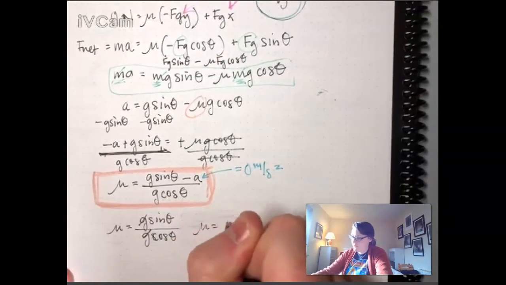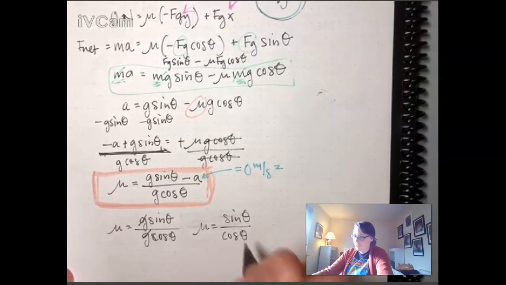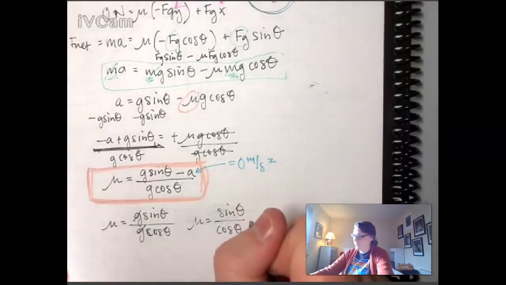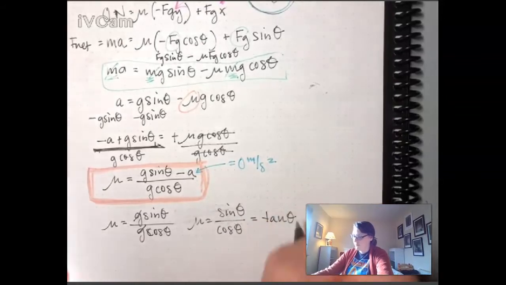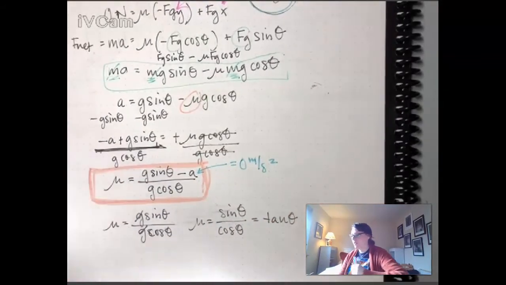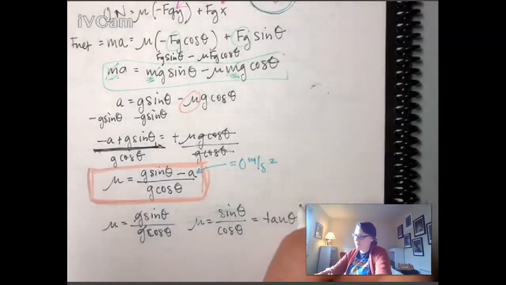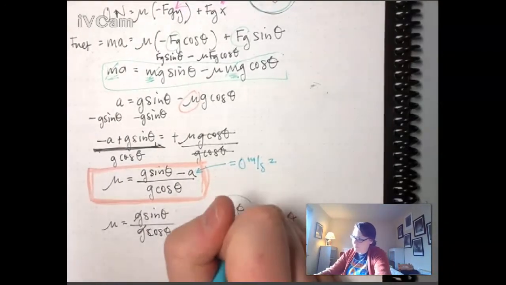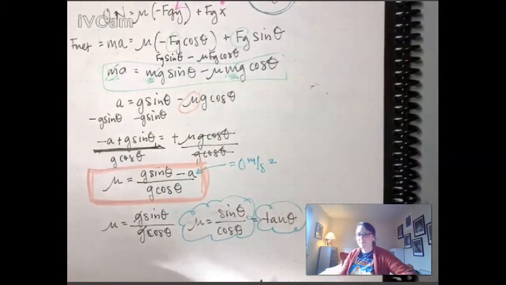So your coefficient of friction, and for those of you who are super mathy, we've got sine over cosine. Isn't that tangent? There you go. Here's what the physics of this equation means. So this is your answer right here, right? Or you could do it with the tangent there.